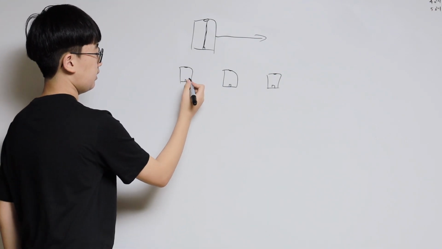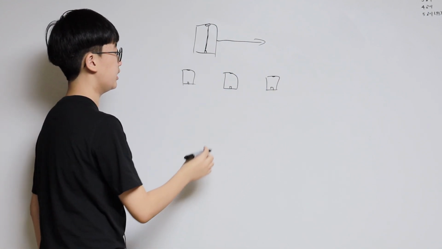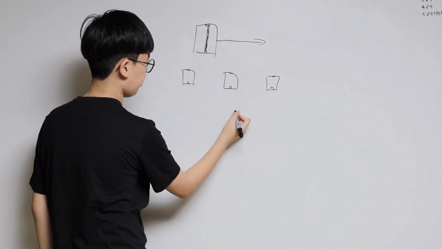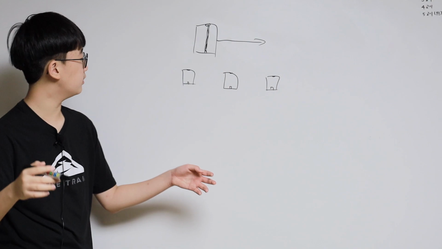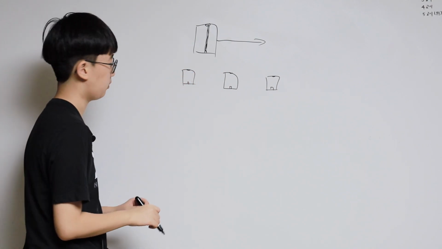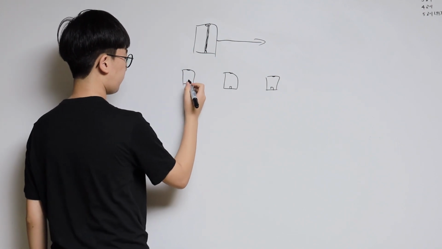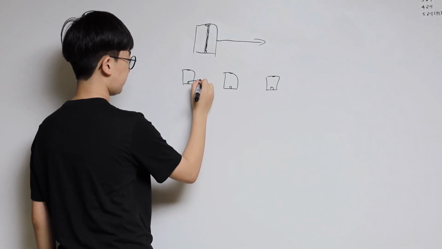So now, to a moving person, it would look like this. But to a stationary person, relatively moving to this box, or the person that is moving with the box, it would look something like this.